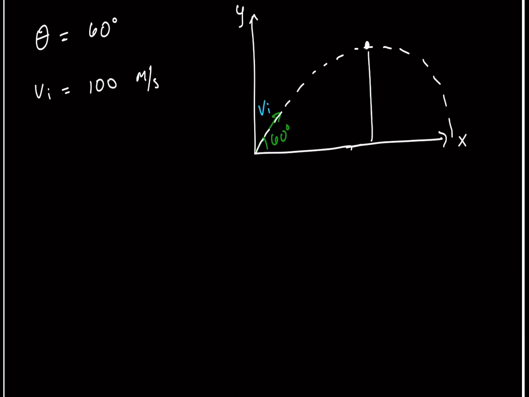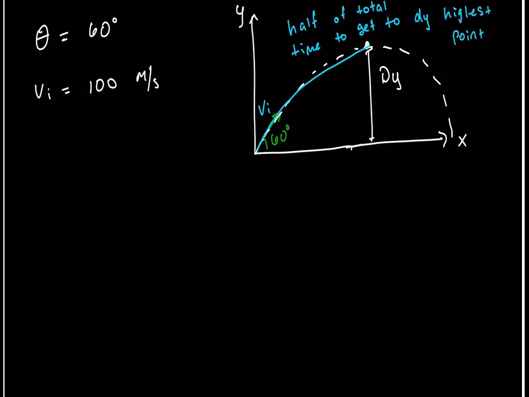And then label this thing dy, and say to yourself, what is dy? It is the highest point in the trajectory, the maximum point, and keep in mind that it takes half of the total time to get to dy, the highest point, of course.